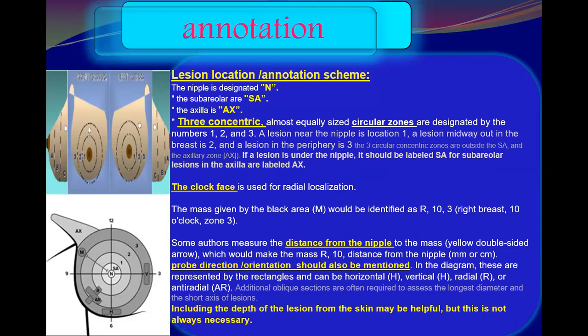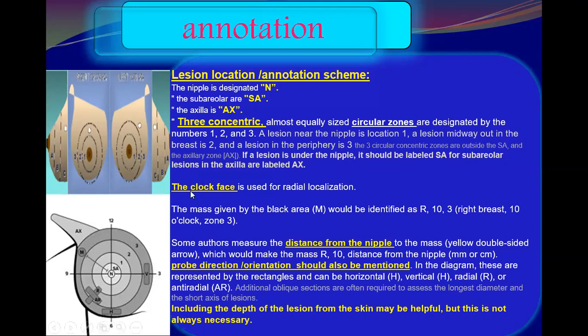But remember, the nipple area or subareolar region is not included in these zones. If the lesion is behind the nipple, mention it is subareolar, not zone 1. And if it is in the axillary tail or the axilla, mention that, not zone 3.